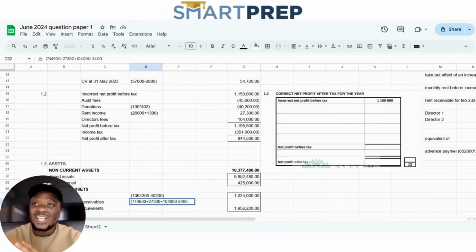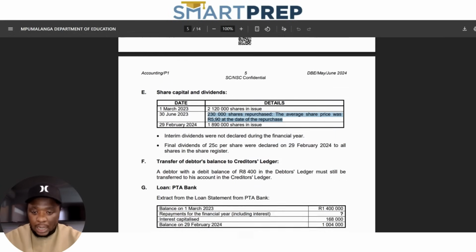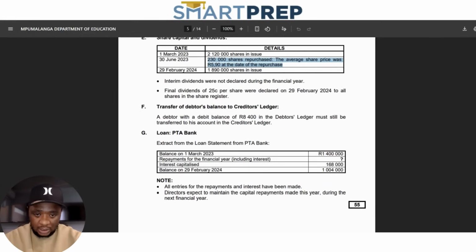But with liabilities, you debit them when they decrease and credit them when they increase. So that's what we do with that 8,400. And please make sure that you are very attentive to situations like that, because that's something that sometimes can throw people off. And then we have the loan and the other thing. So now there isn't much left.